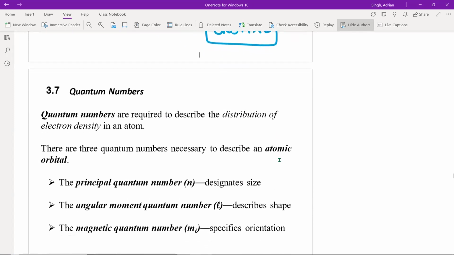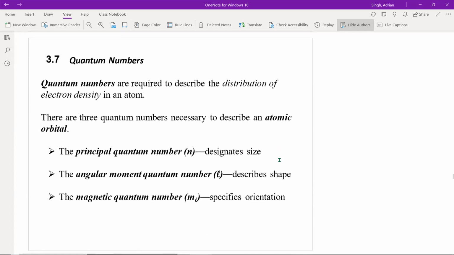All right, so our quantum numbers are going to be needed to describe where electron density is distributed in an atom. And again, electron density would be an indication of where the high probability of finding an electron is going to be.